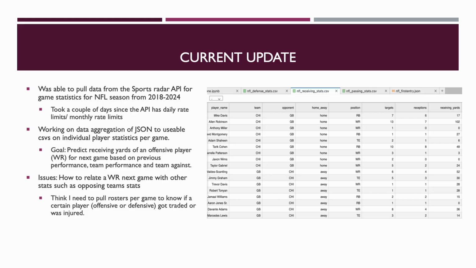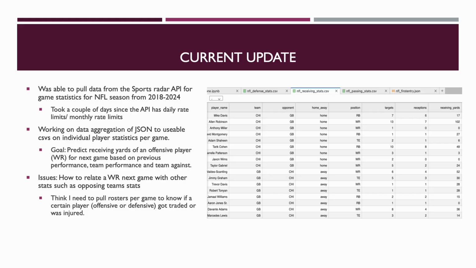Some issues I'm mainly having with the aggregation is since I am trying to predict a player's performance based on their previous performance, as well as factor in the upcoming defensive performance of the opposing team, I'm trying to figure out the best way to kind of organize and aggregate this data into a usable form and how that would look.